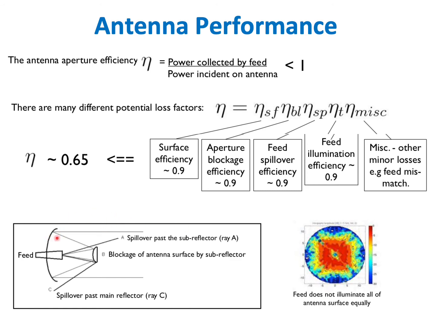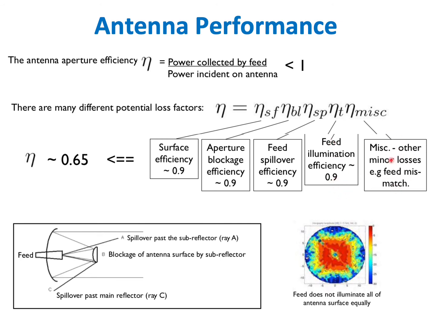So you want to taper your feed illumination in a little bit, but also the illumination isn't always round. You can see here a measurement of the feed illumination of a dish, and it's kind of square. These little bits of the dish in blue aren't being seen by the feed, so your feed illumination isn't perfectly efficient either.